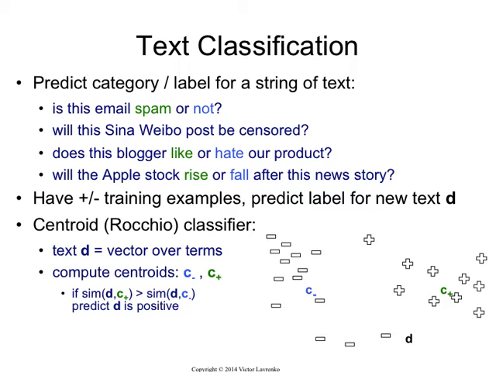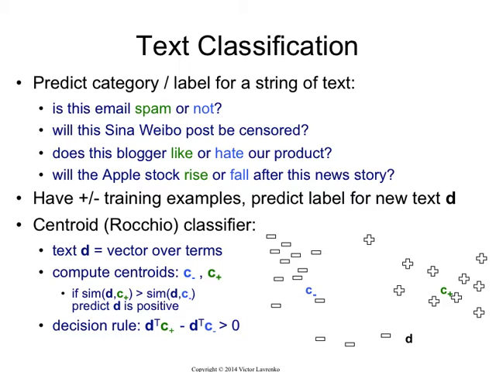Now let's look at what this solution actually looks like in space. What I'm interested in is the decision boundary. This particular document is closer to the positive. So what is the boundary that would separate the positives from the negatives? The boundary is actually quite simple.